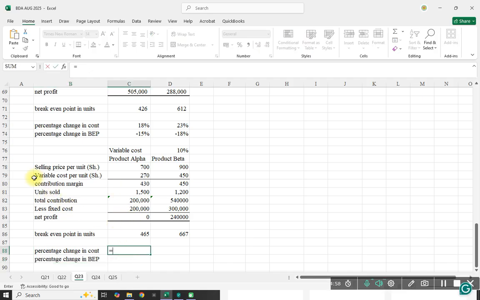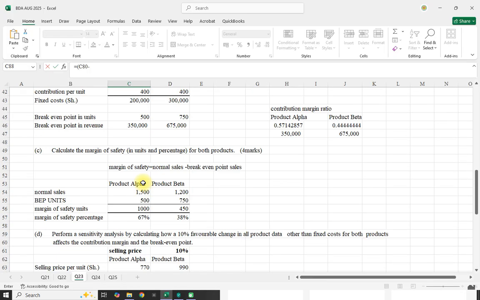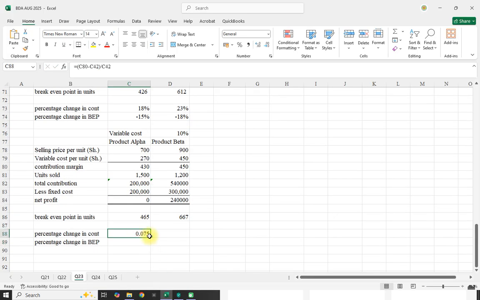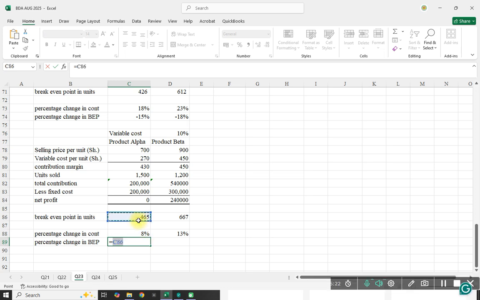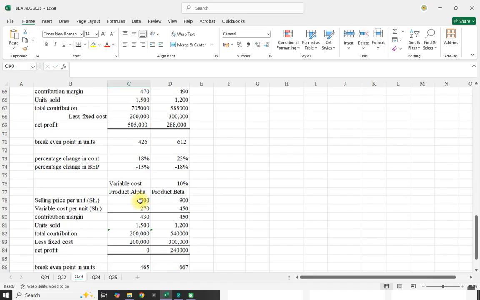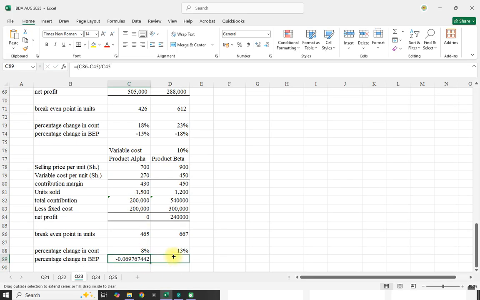So contribution in this case, the new contribution is this, and you minus the original in B, the original contribution, which was 400, over 400, and you drag or fill this, convert that to percent, 8%. And for the break-even point, you minus the original in B, the original break-even point, divided by the original break-even point, and you drag.